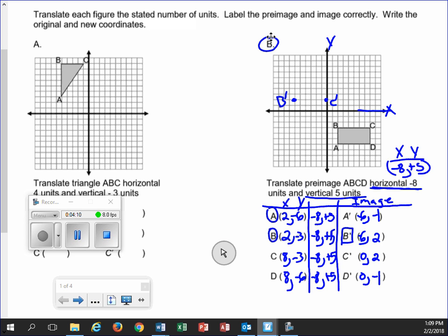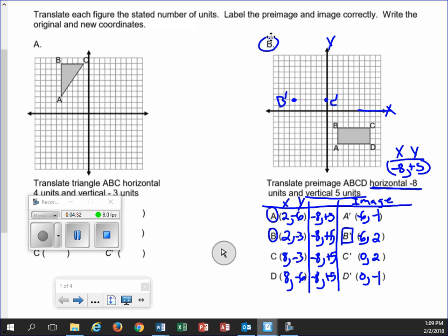It doesn't matter to me which point you do first, as long as you do them all the exact same way. We take each point as if it is the origin, and we move -8, then we move up 5. We'll do that one more time to make sure we're right.